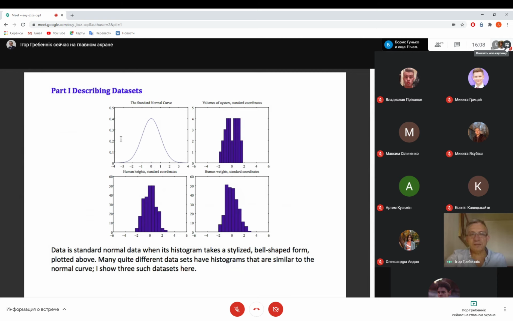It is understandable from this picture for me, but not for you, because we should consider some special properties of the normal curve, and after considering these properties, like the 6 sigma rule, you will understand that this is a standard normal curve.